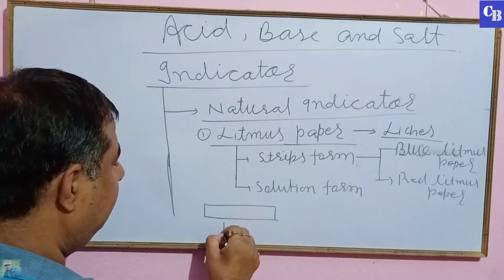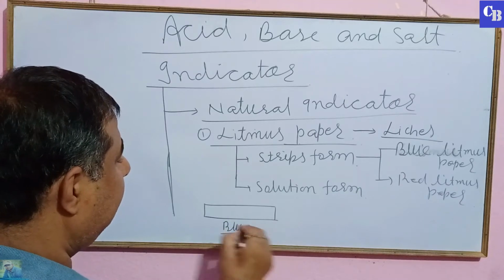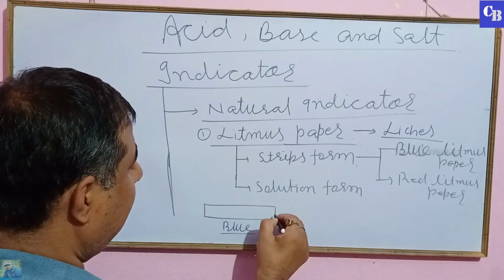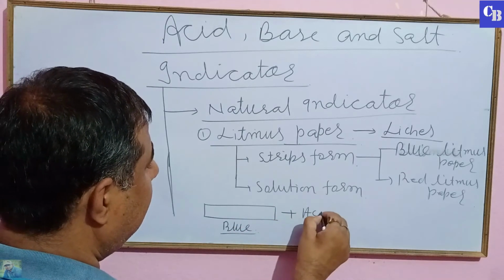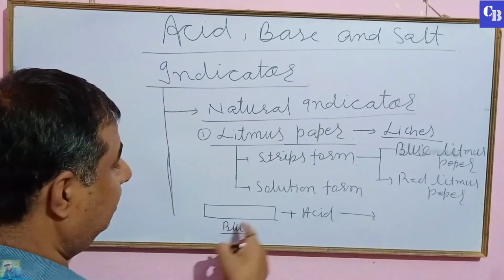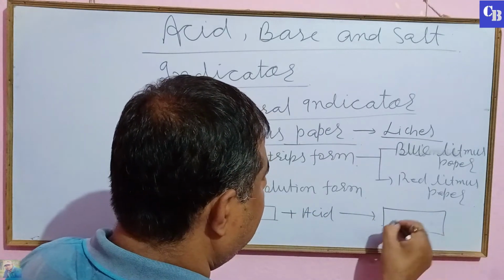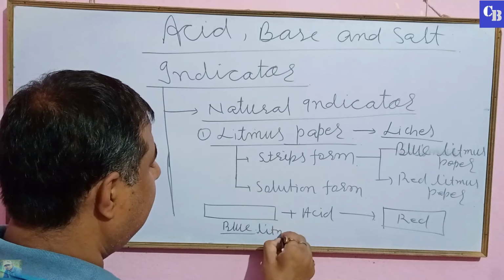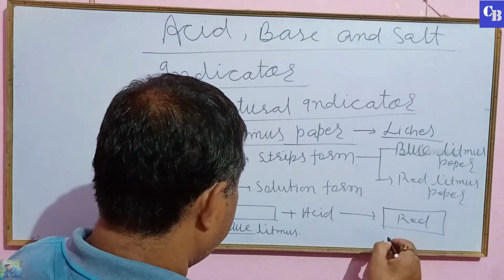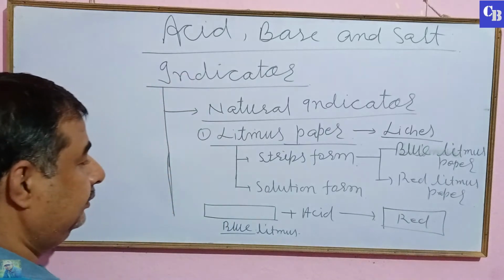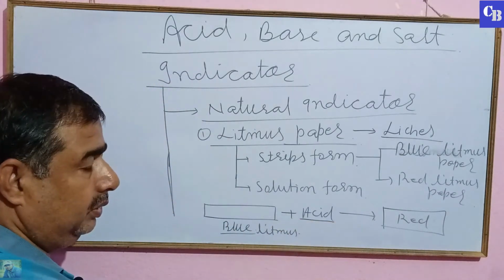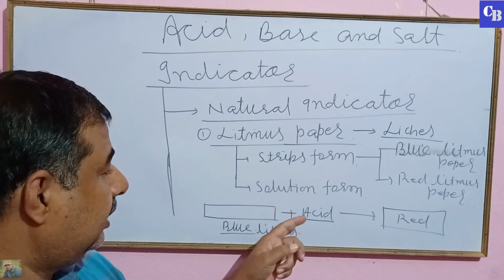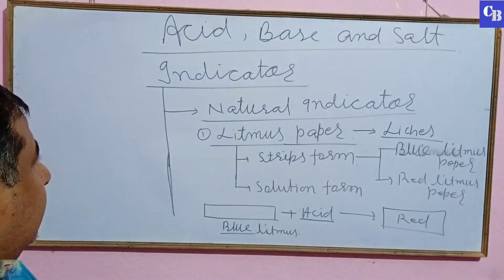Suppose this is blue litmus paper, and when you add it into acid, then blue litmus changes to red. Blue litmus paper changes its color to red. So you will say that this substance is acidic in nature.